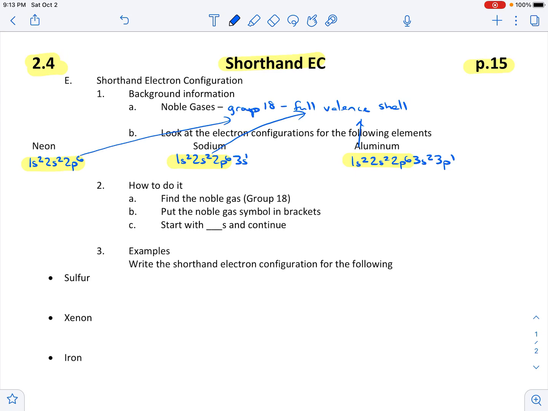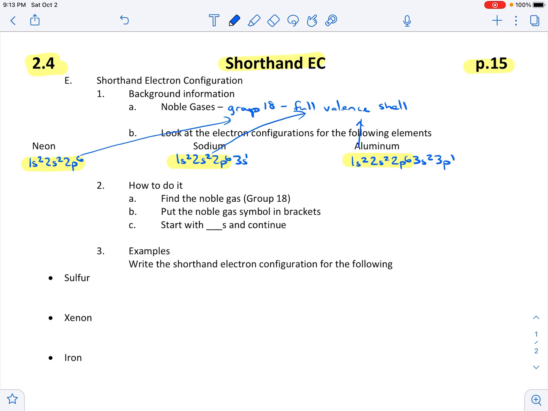The first thing we do is find that noble gas, then we put that noble gas symbol in brackets, then we start with the next row, whatever row we're in, with that s and continue. That way we don't have to remember that whole long formula from yesterday's notes.